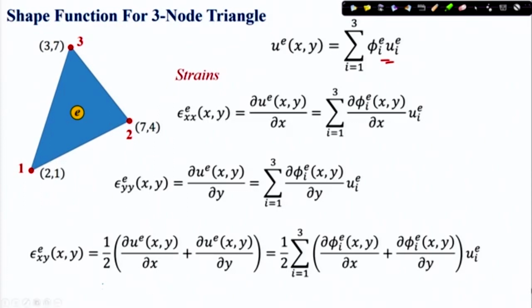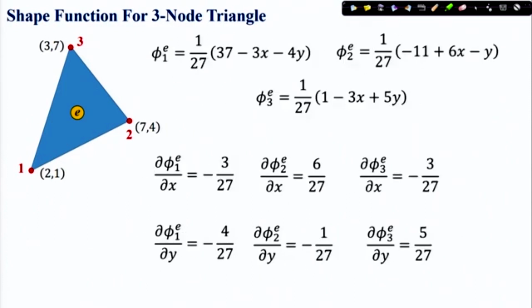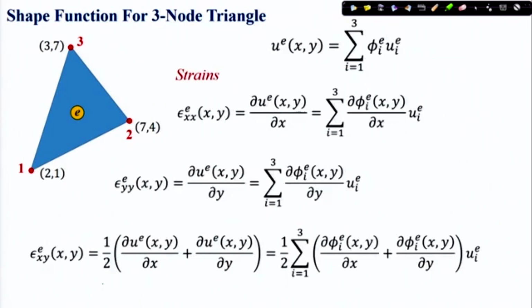We already have the expression for phi as a function of x and y, and from there we have seen the derivatives of phi. We have seen all derivatives are constant, which is very obvious because we started with an approximation which is linear in x and y. Now if we substitute these values here, we will get a constant.